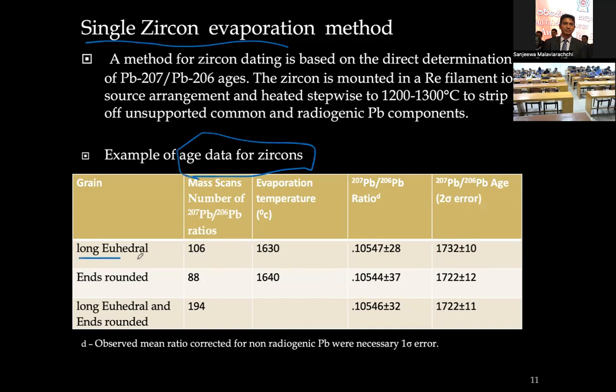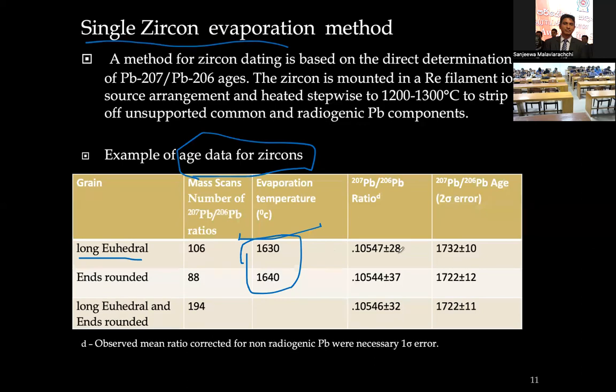Long euhedral zircon grains of Sri Lankan rocks have given these numbers, which are not important for you, okay? But just keep in mind that the evaporation temperature on the filament is like this. Mostly rhenium or tungsten filaments are used there, because they can bear high temperatures.